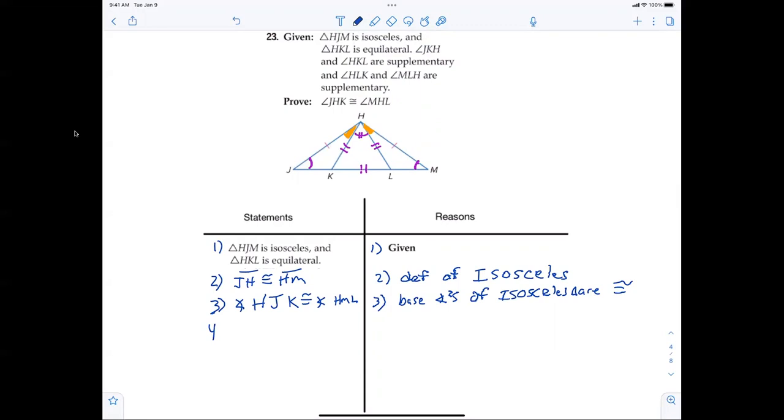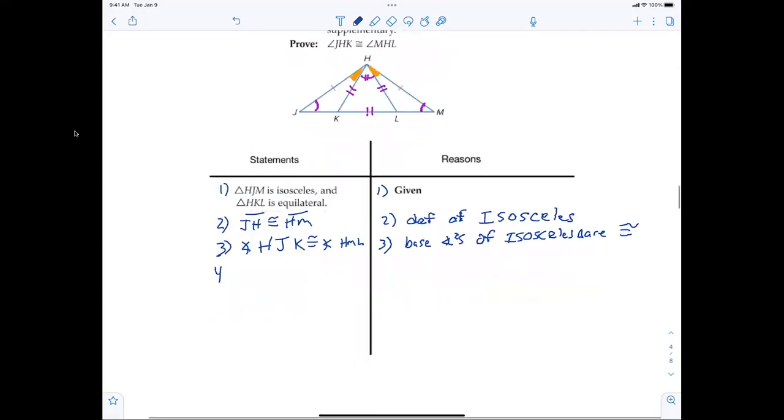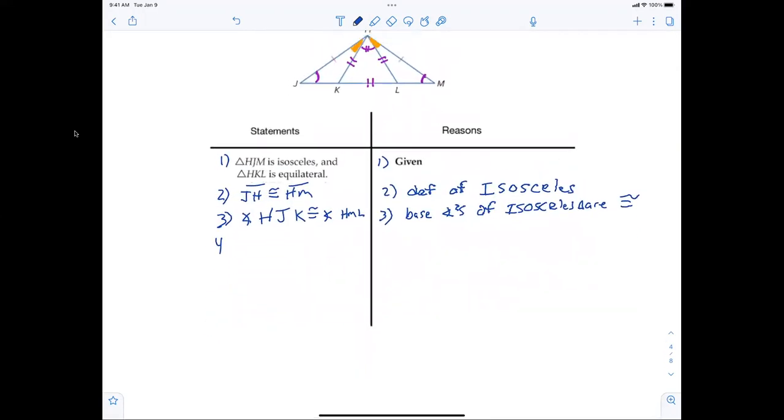Yeah, so JKH and HKL are supplementary. No, I don't like that. No, let's say, tell me what your reason was behind that. It's like, HKL and HOK. Yeah, that's what you need to say first, right? That's what I was hoping you would say.